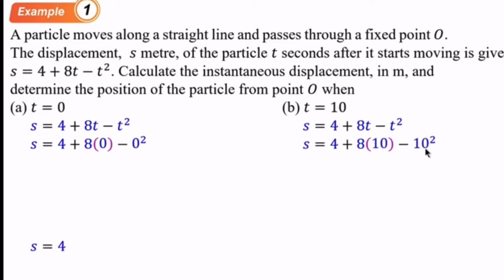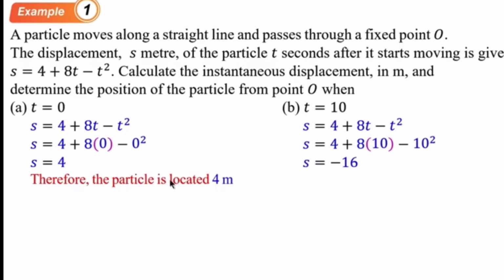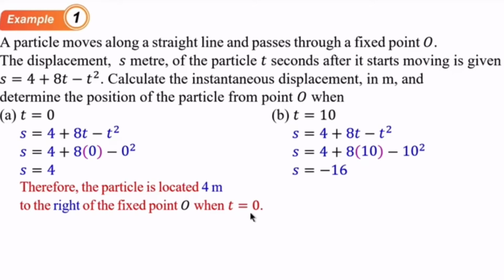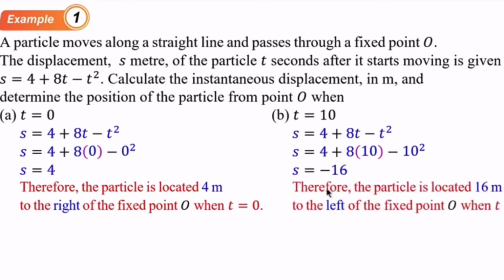So for t equal to 0, s is 4, and for t equal to 10, s equal to negative 16. Therefore, the particle is located 4 meters to the right of the fixed point O for t equal to 0, and for part B, the particle is located 16 meters to the left of the fixed point O when t equal to 10.